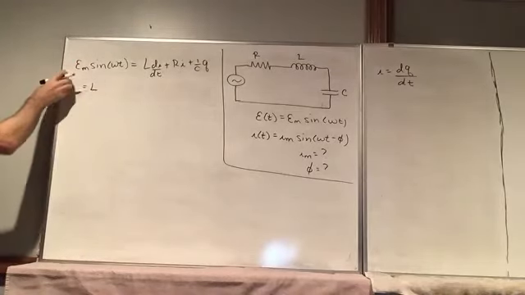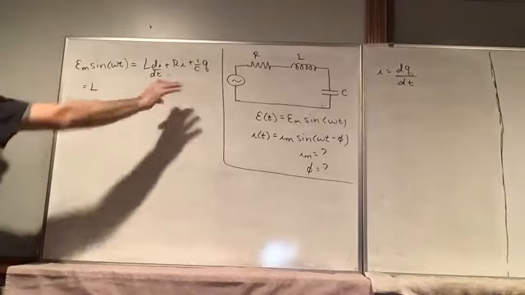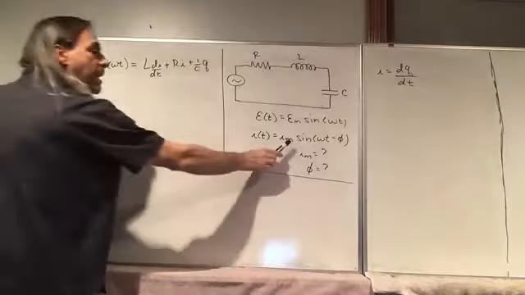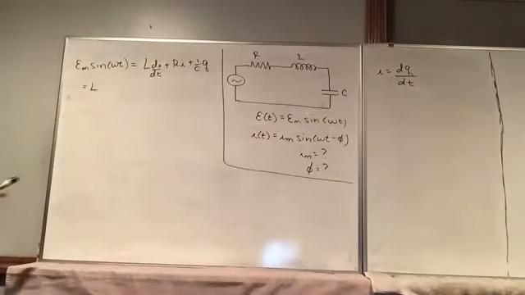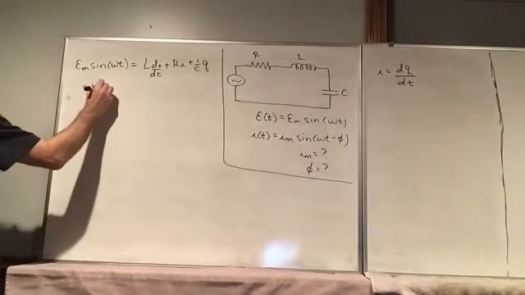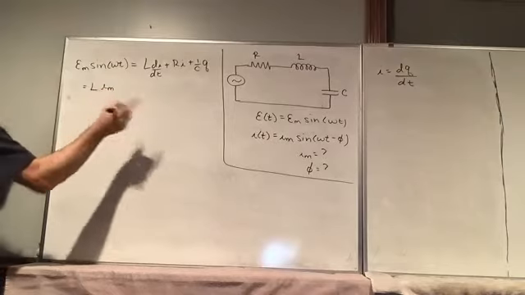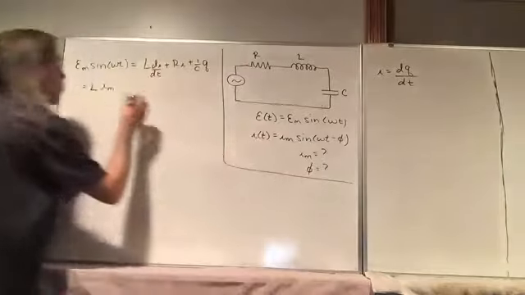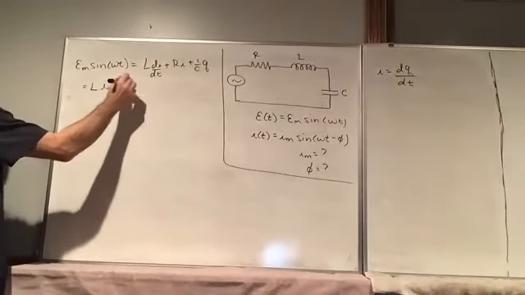So on the left side, we have this here. I'm just going to move this over so we have room to write. So if we take the derivative here, we have I_m, and the derivative of sine is cosine. When we apply the chain rule, we're going to bring out an omega.